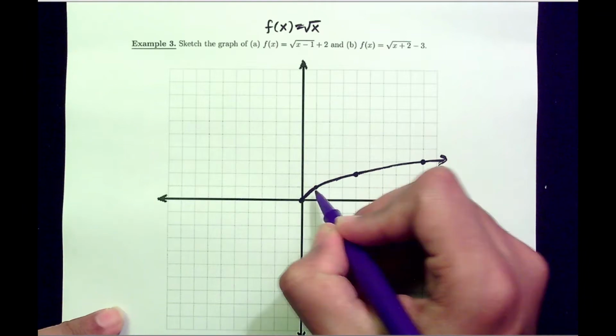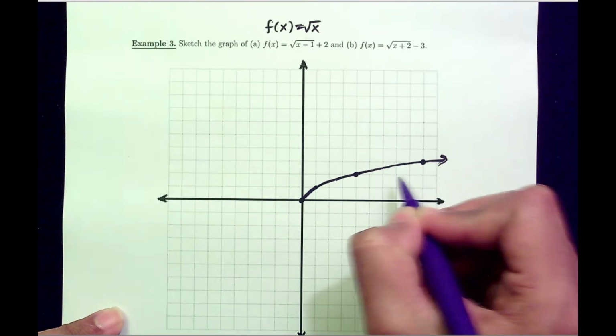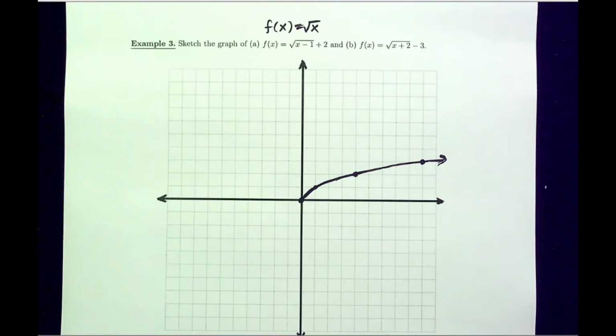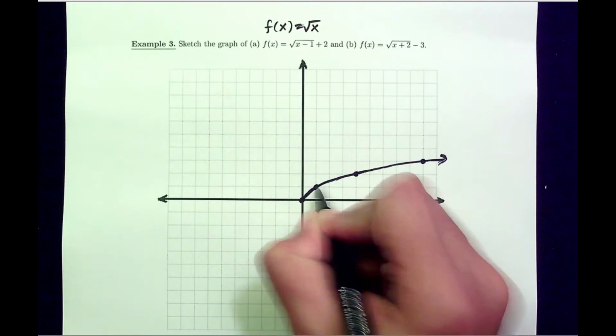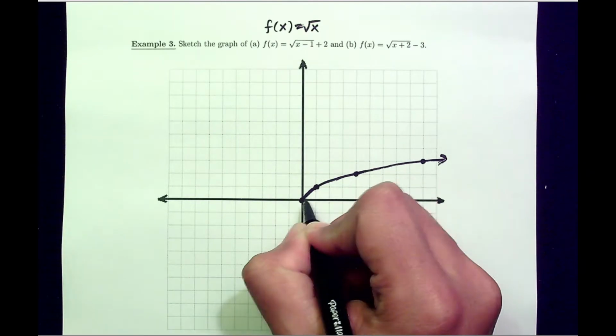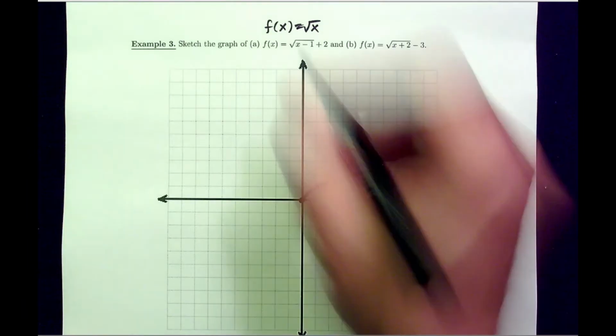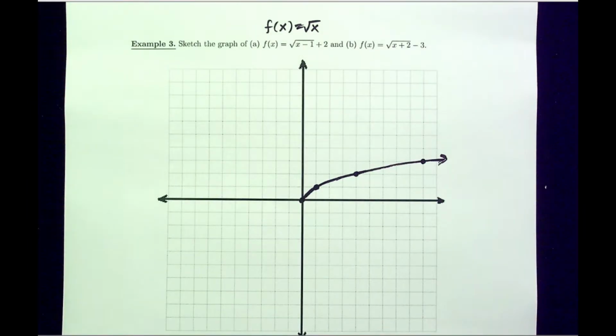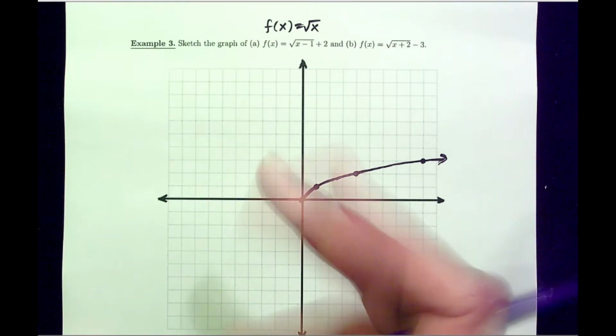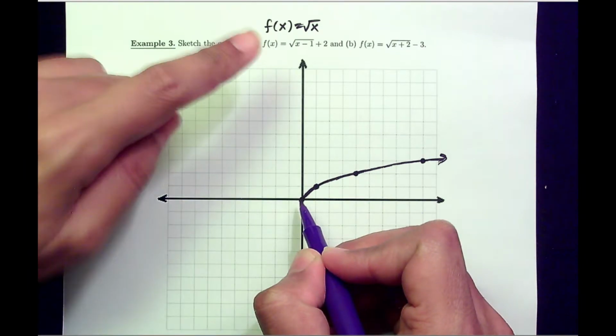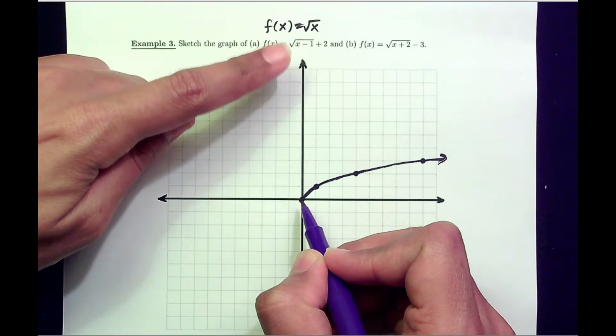Okay, so I'm going to take each and every one of these key points and move them according to the instructions. So first, this one, you move 1 to the right and 2 up.